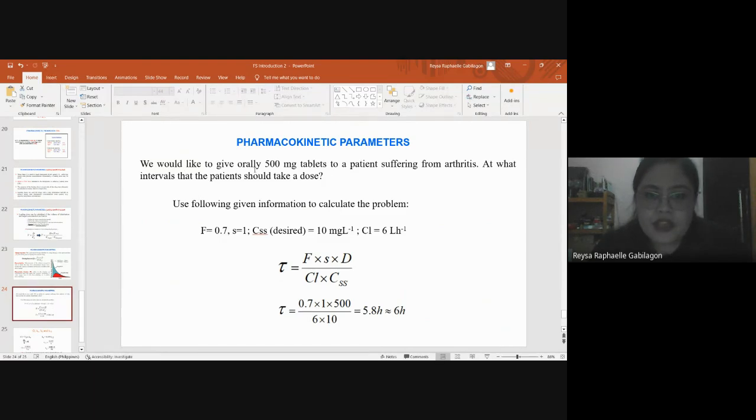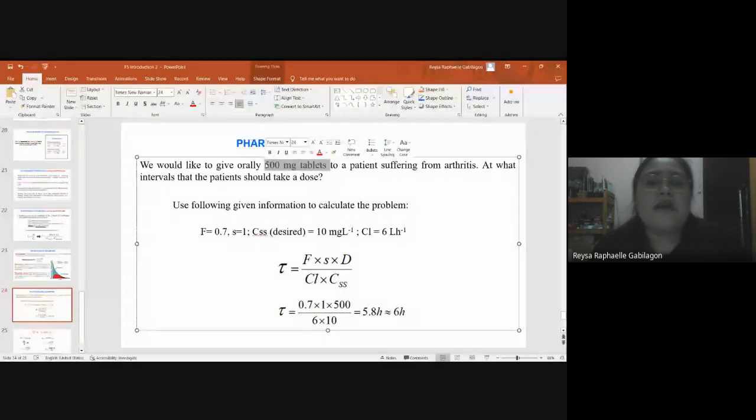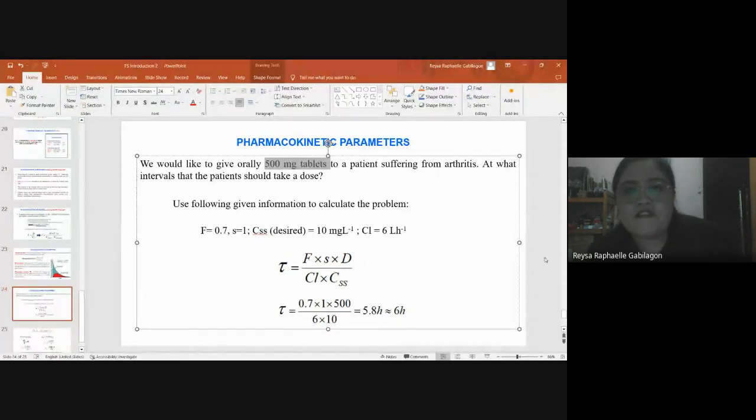We would like to give orally 500 milligrams of tablet to our patient suffering from arthritis. So at what interval that the patient should take a dose? So use the following information in the calculation of the interval. So the F here, the bioavailability fraction is 0.7.